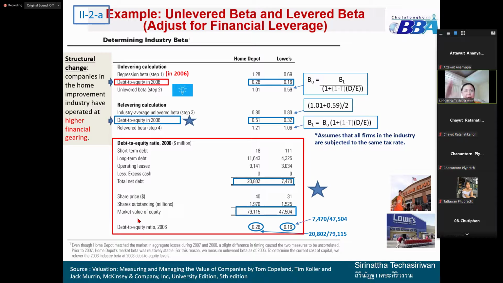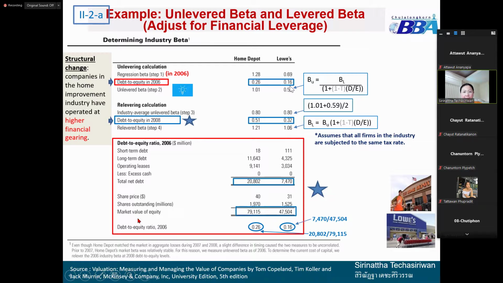So when they run the regression model, the regression beta is based on historical numbers. But since the analysts expect the debt level to increase in the future, let's suppose this is the regression beta that was run from the data in 2006, and the market value debt to equity ratio in 2006 is this level.